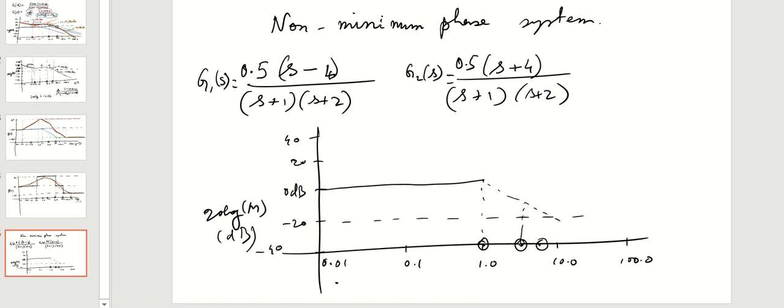So between this and this, I would follow the minus 20 dB per decade. This is 2 and this is 4. So again here I would follow minus 40 dB per decade. So that's the effect of 2.